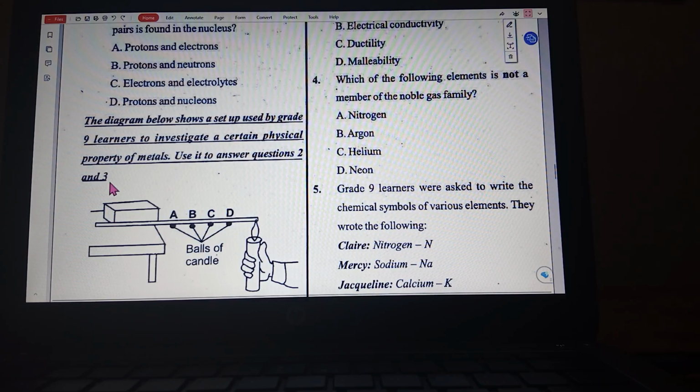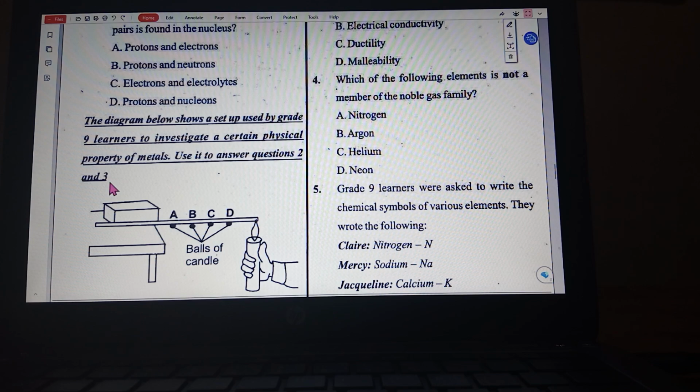Then we have sonorous, which is also a physical property of metals. What do we mean by sonorous? The ability of a metal to produce a sharp sound when struck. Then we have lustrous, the shininess of metals.